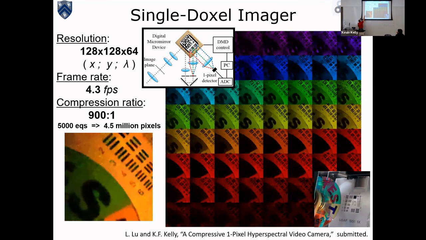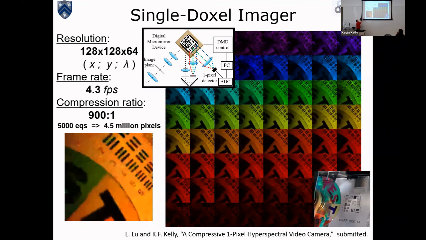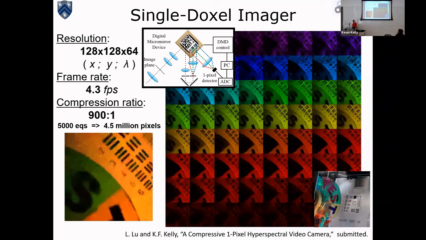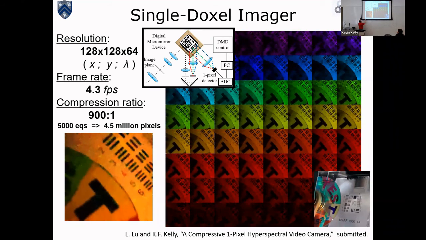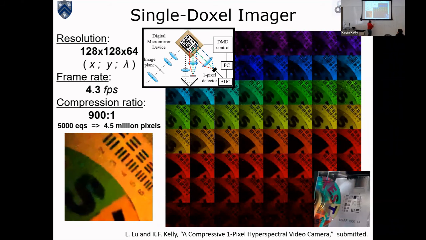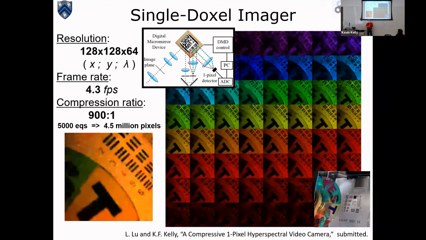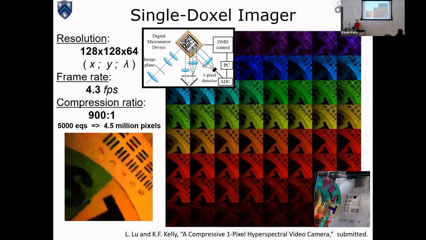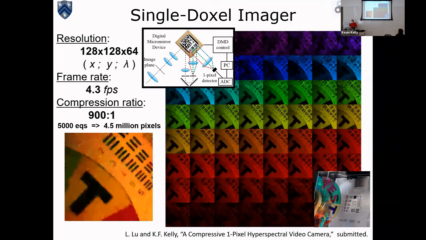So if you multiply 128 by 128 by 64 by 4.3, you get 4.5 million pixels in your 4D cube of data. That means we are getting a compression ratio of 900 to 1. And you can still read the Air Force target, and you can still see the color changes in this image. All to a single detector.